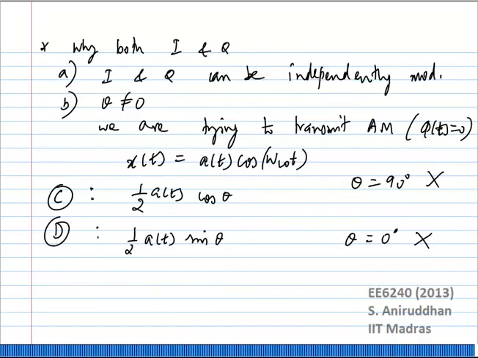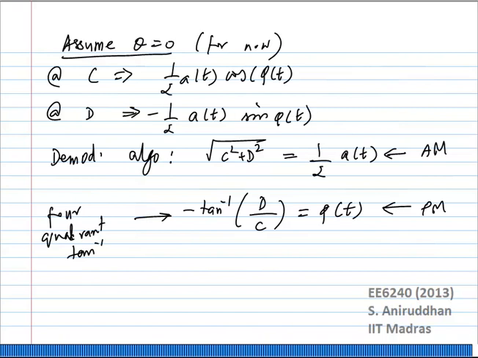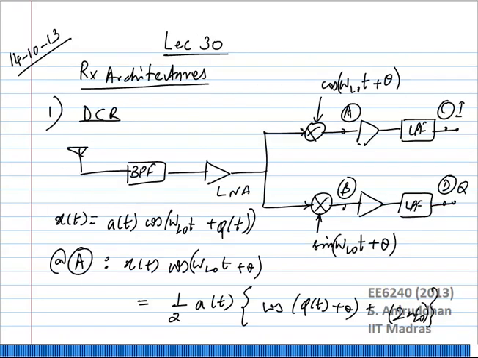Last class we started looking at the advantages and disadvantages of the direct conversion receiver. So let's quickly review that. The direct conversion receiver is pretty simple. You have a band pass filter to select the band of interest. You have an LNA which normally operates throughout the band of interest, so you don't do any channel selection right up front.